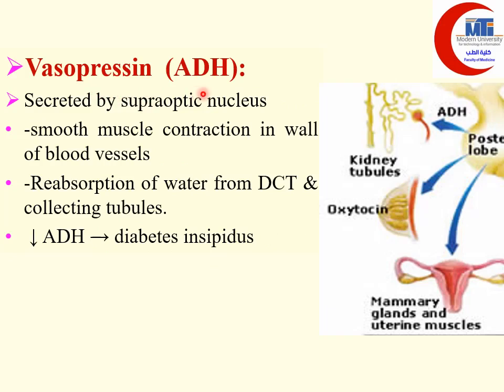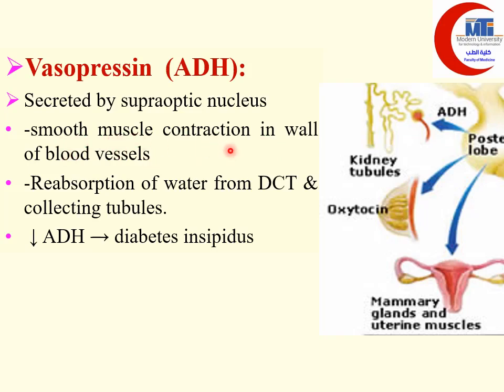Vasopressin or antidiuretic hormone. This hormone is secreted from the supraoptic nucleus in the hypothalamus and released to blood circulation through the pars nervosa. The function of this hormone: smooth muscle contraction in the wall of blood vessels.